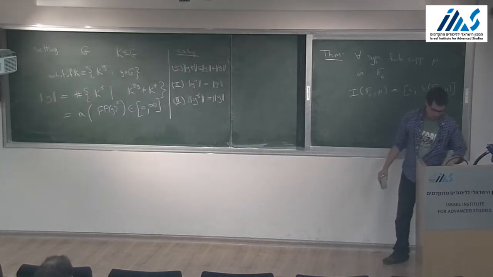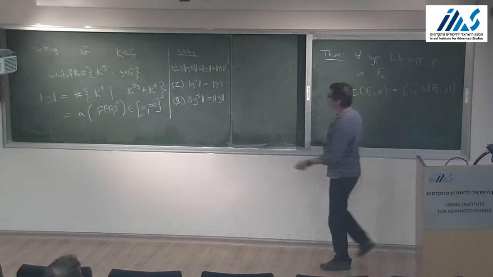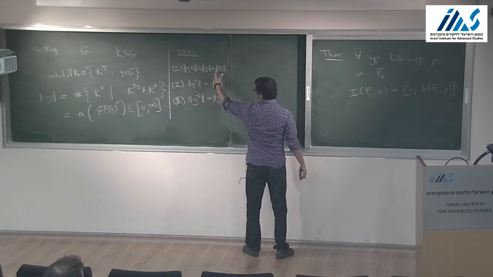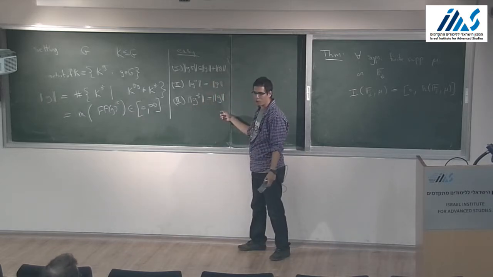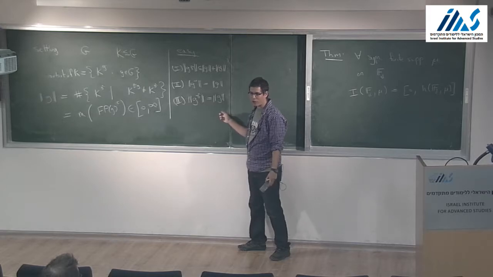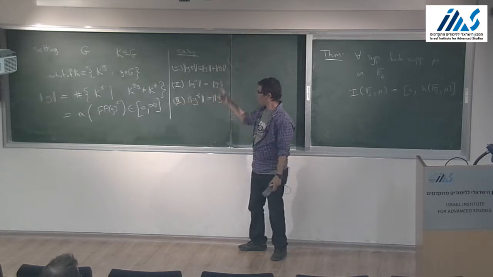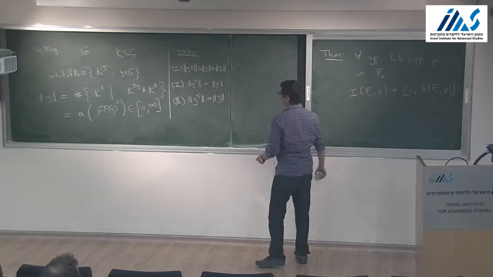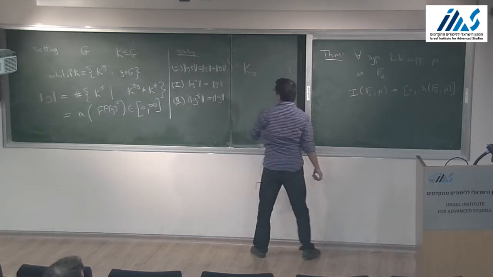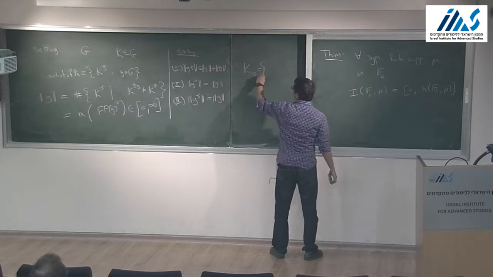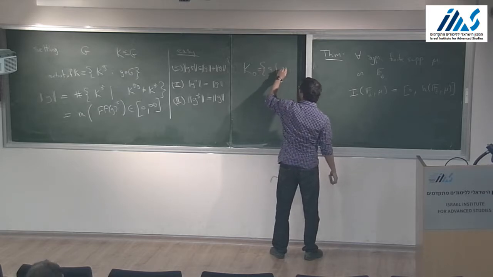Okay? So what do you do with this? Well, first of all, you notice that this gives you a normal subgroup structure. So you can define two normal subgroups with respect to such a norm. One normal subgroup, which let's denote by K0, is the set of all G that have norm 0.